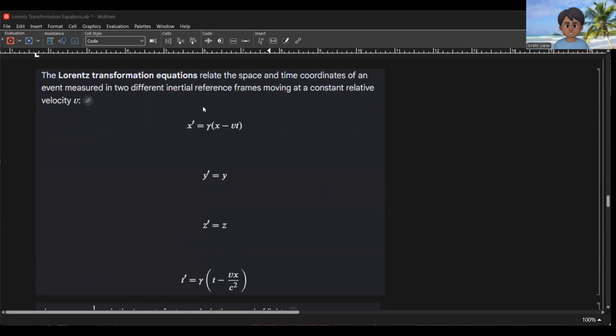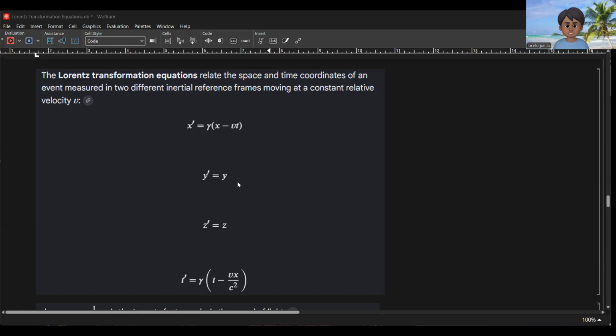We have the x prime here. This is the x coordinate in the S prime frame. So this is equal to the Lorentz factor times x minus vt.